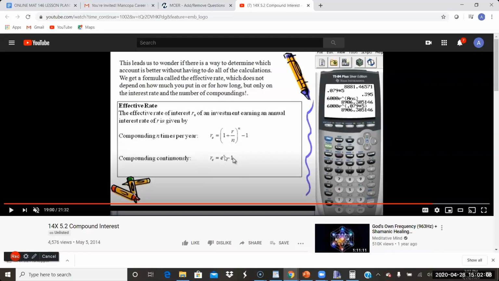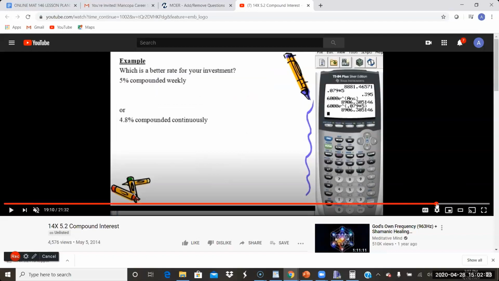So I have e to the r, and r is your interest rate that they give you, for 4.7 percent would be 0.047, and then minus 1. So then he just kind of goes into how to apply it.